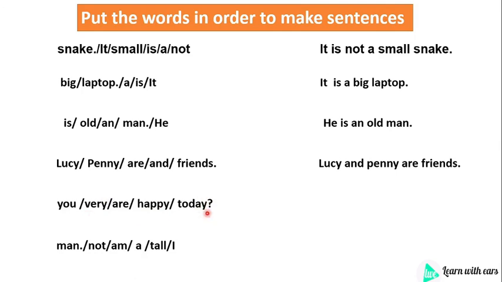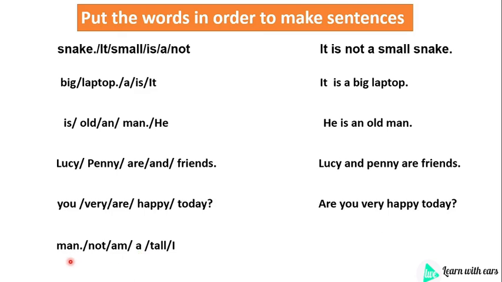So here there is a question mark. And we know if we have a question mark, we write the helping verb first to make a question. Okay, so first we'll use the helping verb are and then the subject you. Are you very happy today?